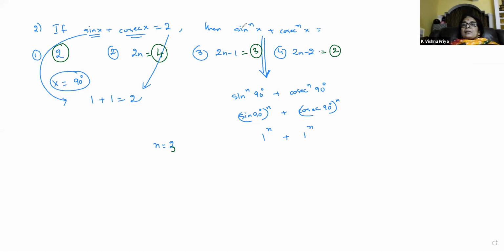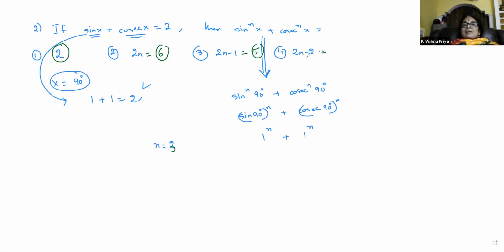Let us see. I'm erasing this because now I'm taking n as 3. If n is 3, the first option will be 2. The second option will be 6. The third option will be 6 minus 1, that is 5.